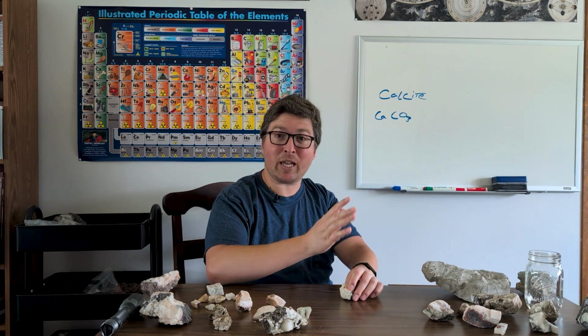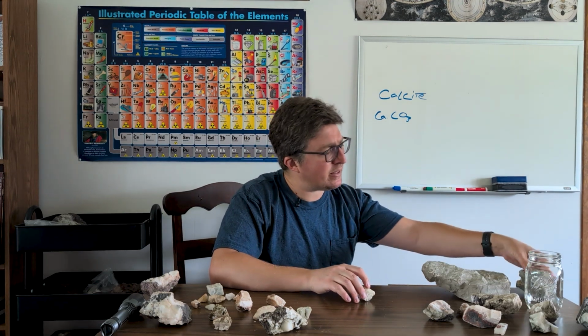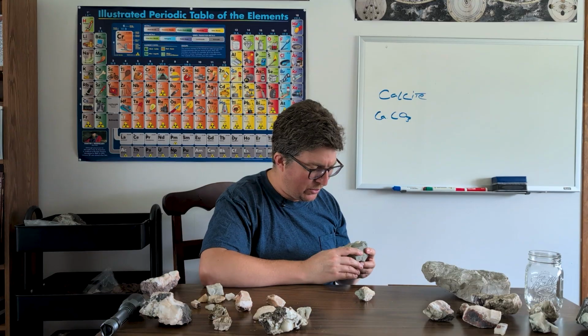The crystal habit, that's a reference to the shape that unbroken crystals have. Very often rhombohedral. Sometimes you do get dogtooth calcite. You get a double pyramid forming. I have a piece of limestone right here with what I thought was dogtooth calcite.